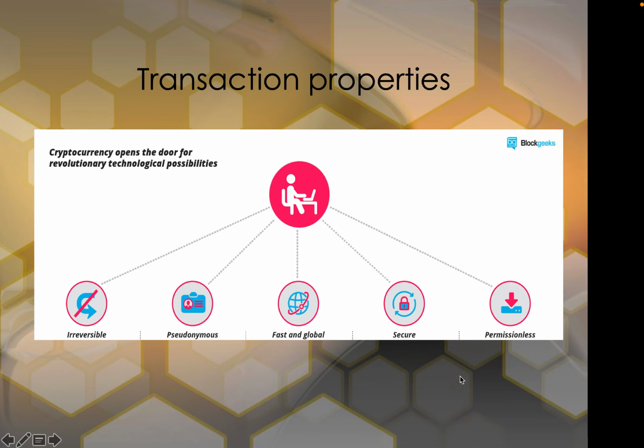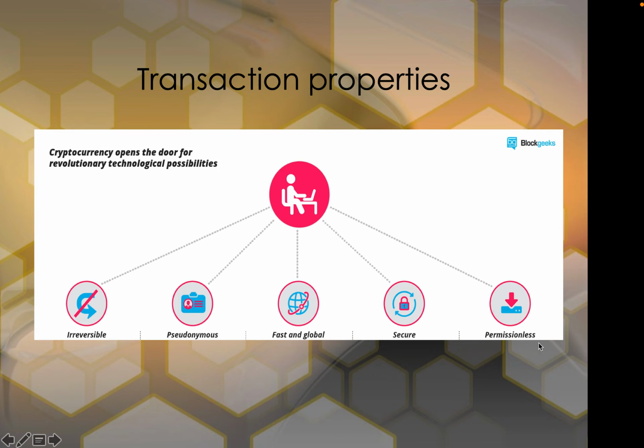So there's permissionless. They actually came up with this idea, and there's actually the contrary called permissioned. In a permissioned network, it's not working like this. It's totally different. Okay, so Bitcoin is permissionless.